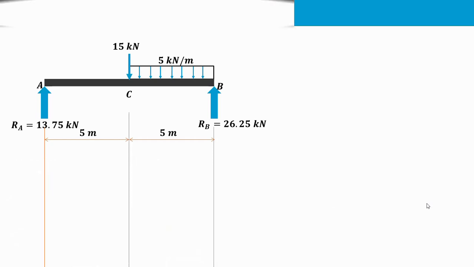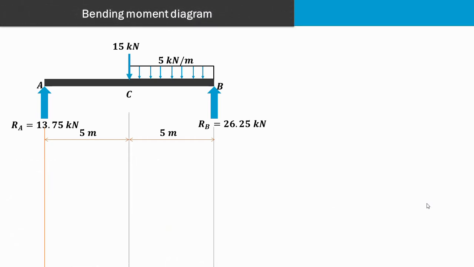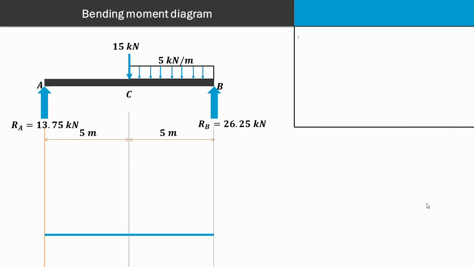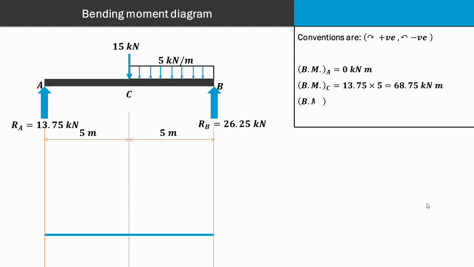Now the last step is to find out the bending moment diagram. Now we know that at the end of the simply supported beam, bending moment is 0. So bending moment at A is 0 and bending moment at B is also 0.